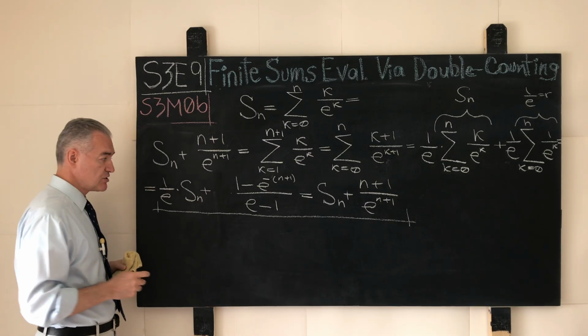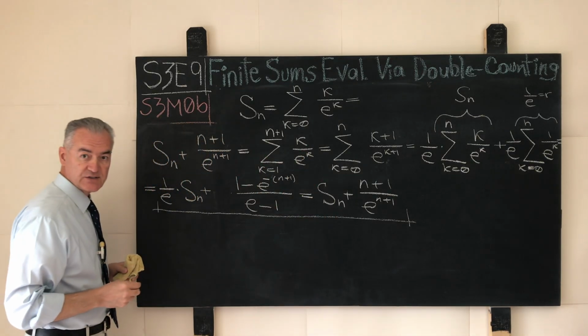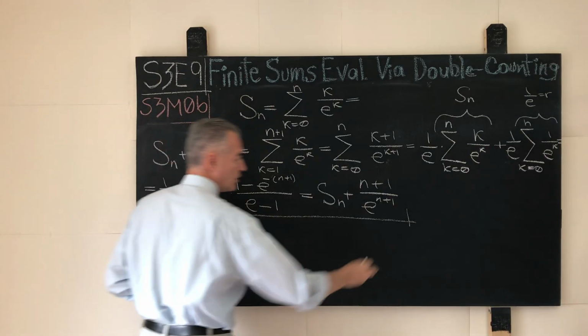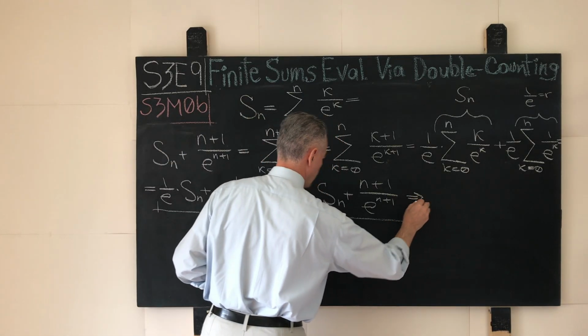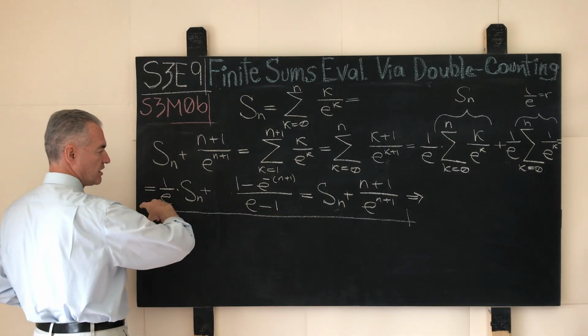The root of this equation is precisely S_n, or whatever material sits on the other side of the equal sign is an alternative expression. So what do we do here? Well, from here it follows that what? We carry S_n to the other side.